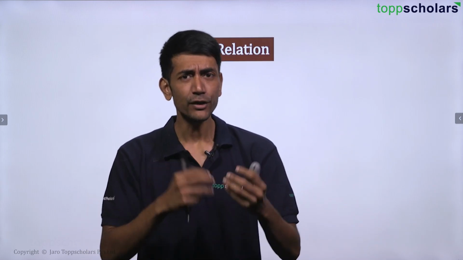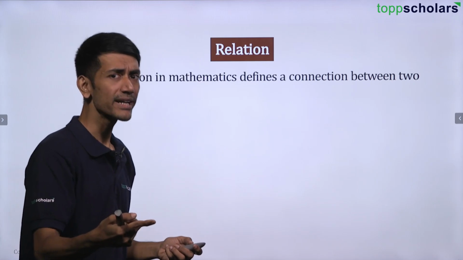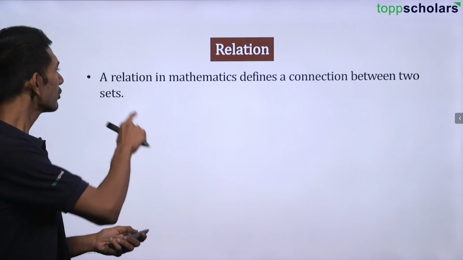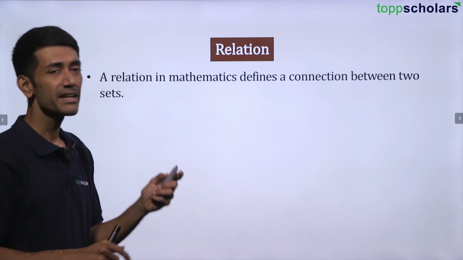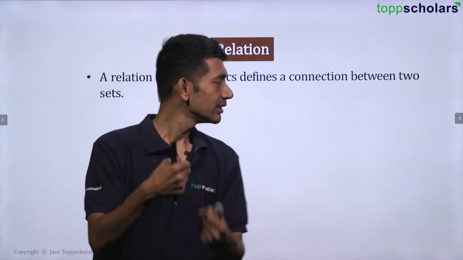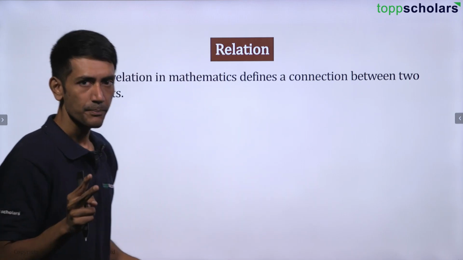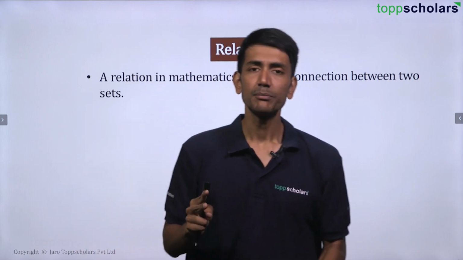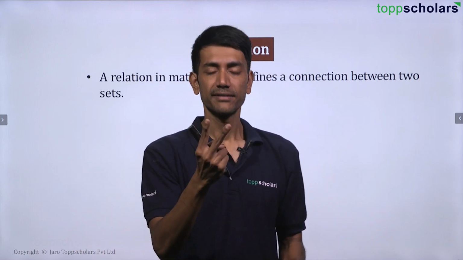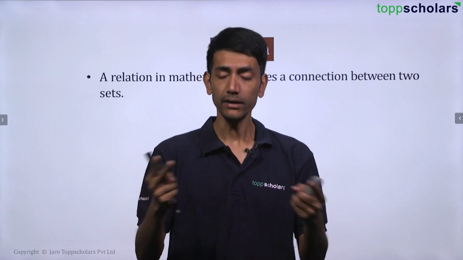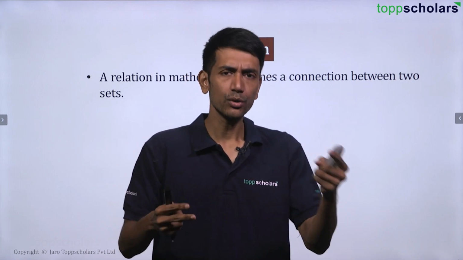But when we talk about relation, how is it connected to set? That we'll try to understand. So a relation in mathematics defines a connection between two sets. It defines the connection between how many sets? Two sets. Now those two sets, they can be different. They can be the same also sometimes. You'll get to know in the questions.